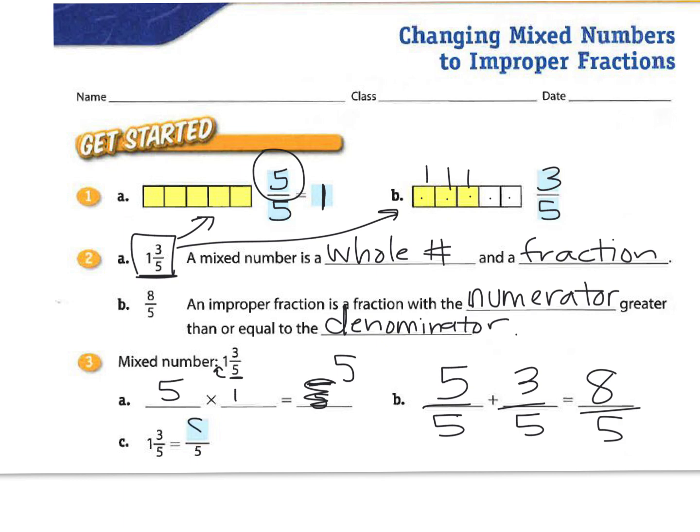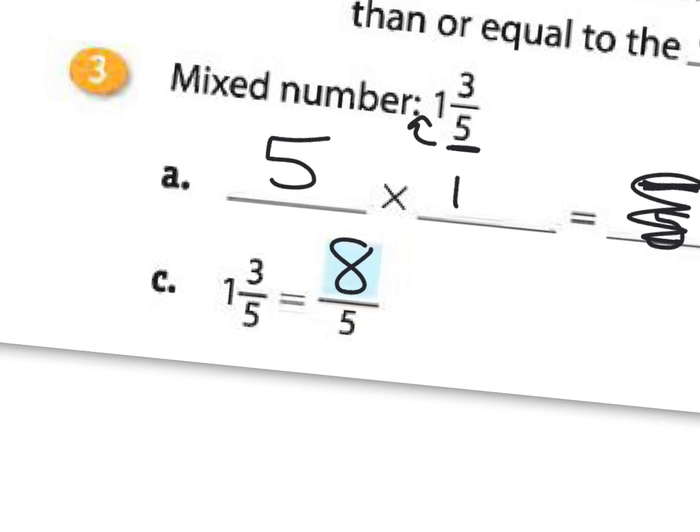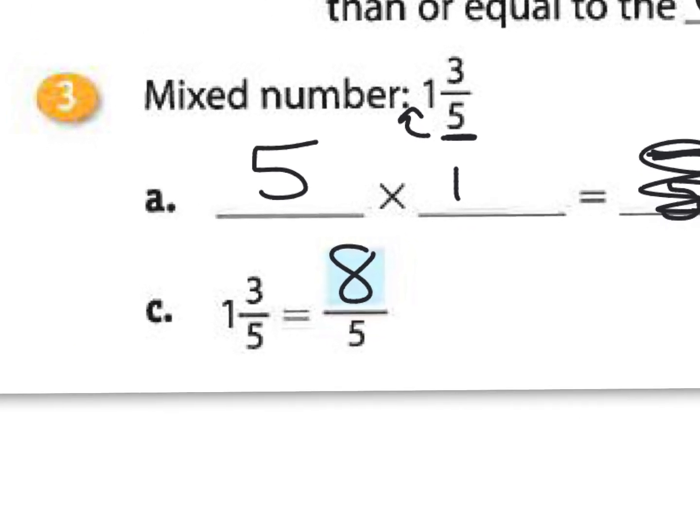So you would have 8/5. You can also look at it another way. I'm going to zoom in even more here so you can see this. When changing a mixed number to an improper fraction, you do 5 times 1 is 5, and then you plus 3. So 5 times 1 is 5, plus 3, you get 8. So then you have 8/5.